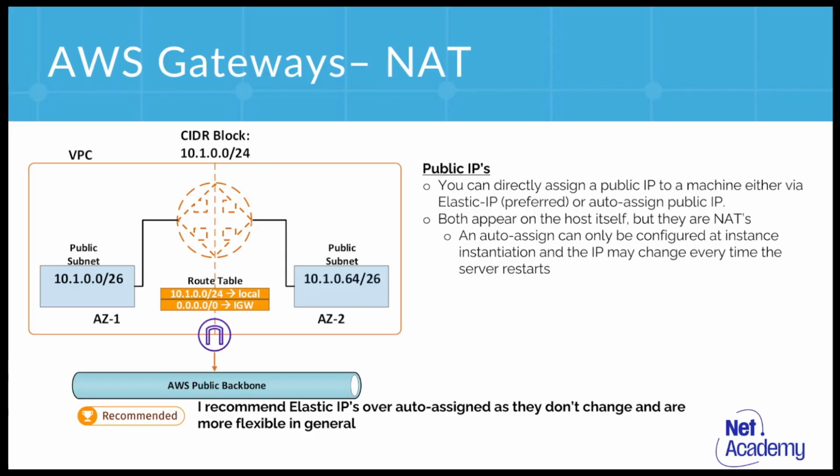I like elastic IPs because they're more permanent in nature, right? So again, my recommendation, I would use elastic IPs over the auto-assigned since they don't change. And in general, they tend to be more flexible. If you want to change them out, you can. Remember, those auto-assign, it's only at instance instantiation. So just be aware of that.